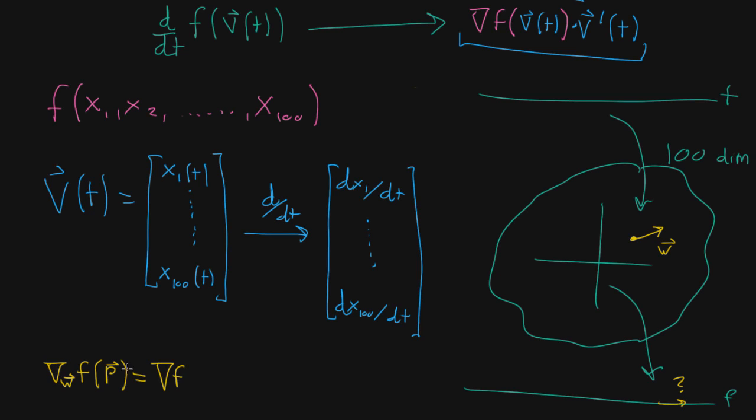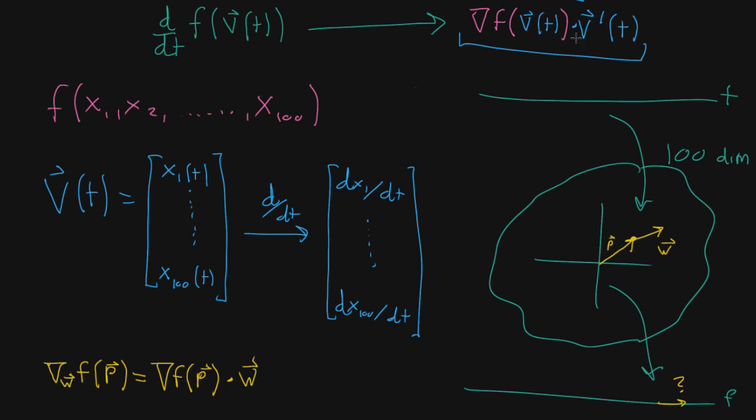This is why we use the nabla notation in the first place. It's indicative of how we compute it. The gradient of f is evaluated at that same input point p. So just to be clear, whatever vector is your input point, that's p, but then the nudge away from that input point is w. And you take the dot product between that and the vector that represents your nudge direction.